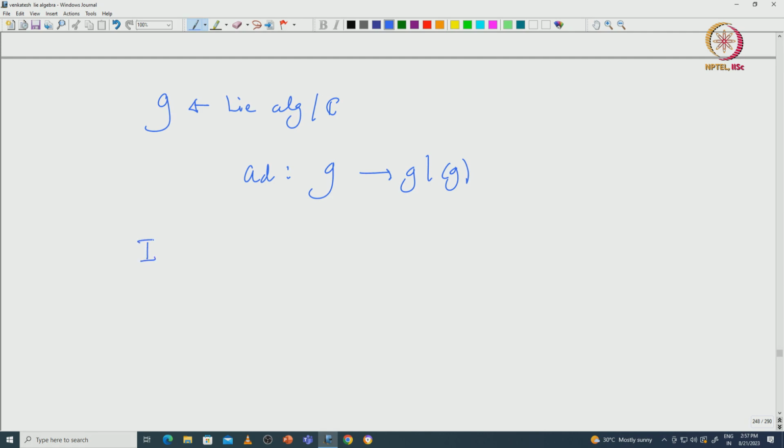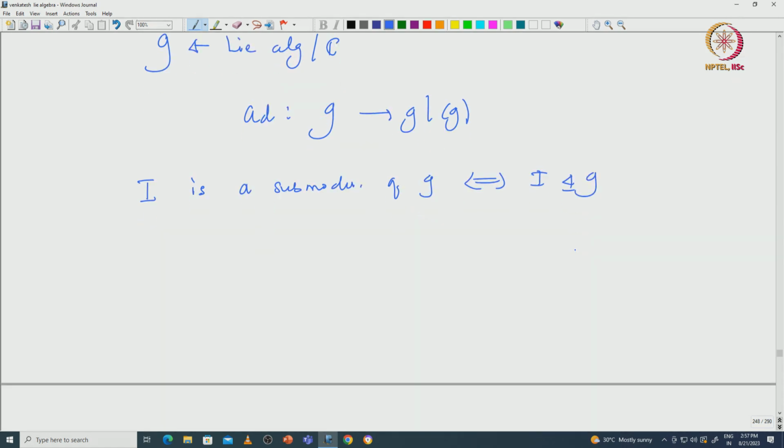If I is a submodule of G, thinking of it as the adjoint representation, then this holds if and only if I is an ideal inside G. Now if I is an ideal inside G, then we can talk about this G modulo I, which is actually a Lie algebra.